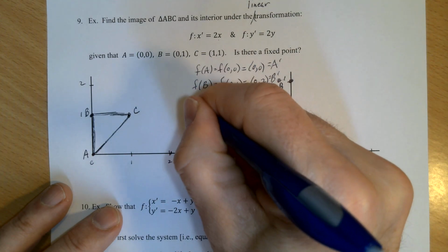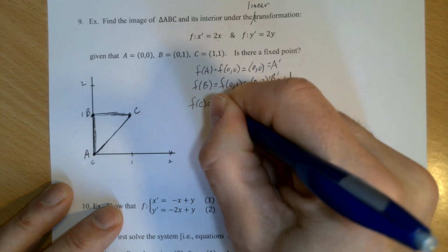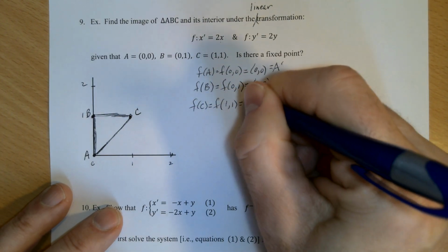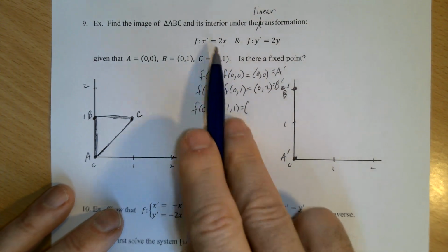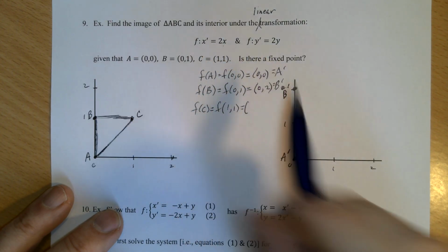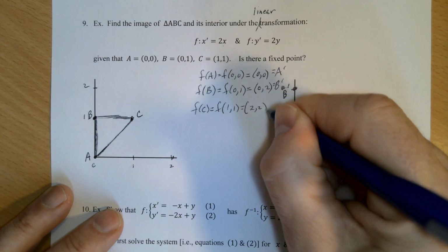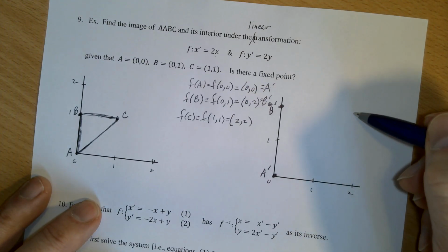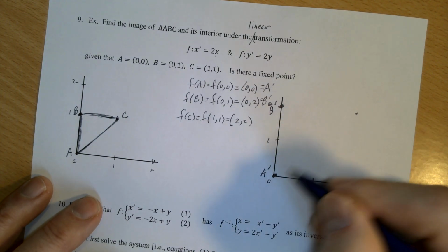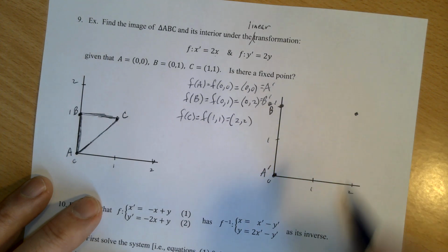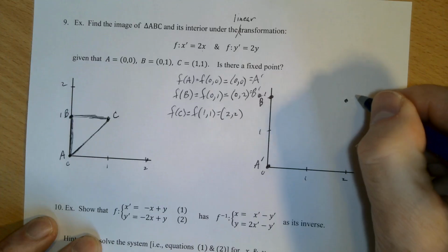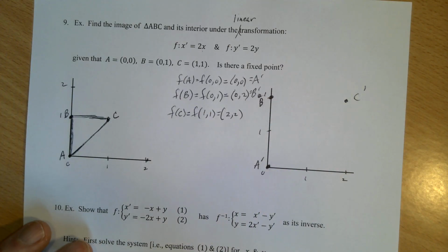And then how about f of C? That'd be f of 1, 1. Well, if x and y are both 1, x prime and y prime are going to be 2 and 2. So 2 and 2, about right there. So the 3 vertex points get mapped to these points, A prime, B prime, C prime.